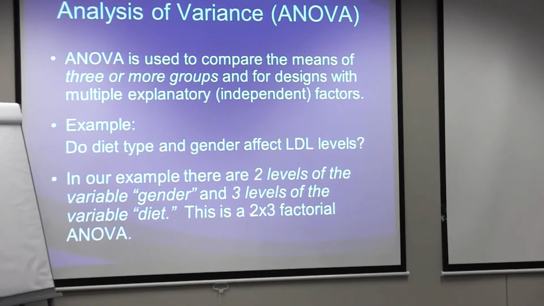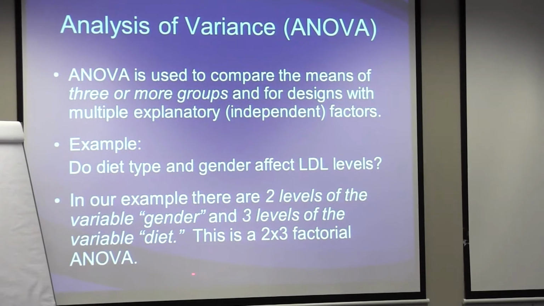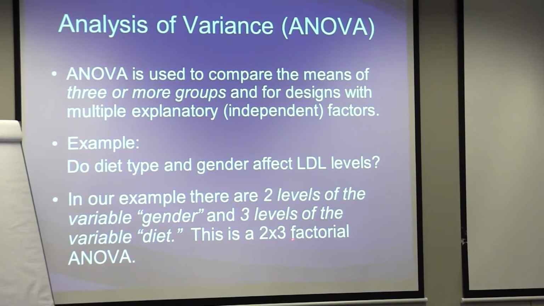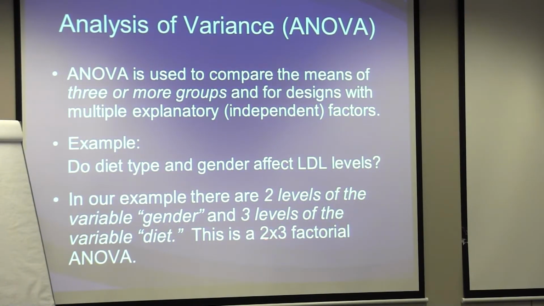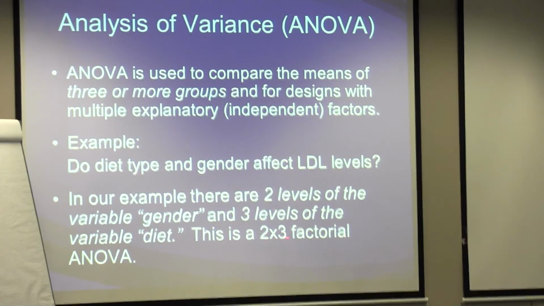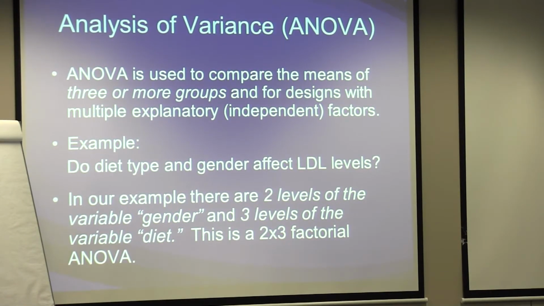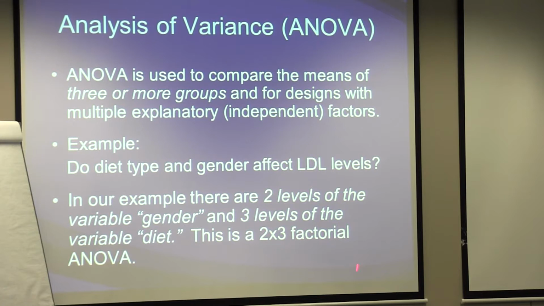There's a little bit of notation here. This is called a 2x3 factorial ANOVA. What that means is we have 2 variables, 2 not because this is the number 2, just because there's a place here and a place after the by, the x. If we had 3 independent variables, we would have another x and another number.